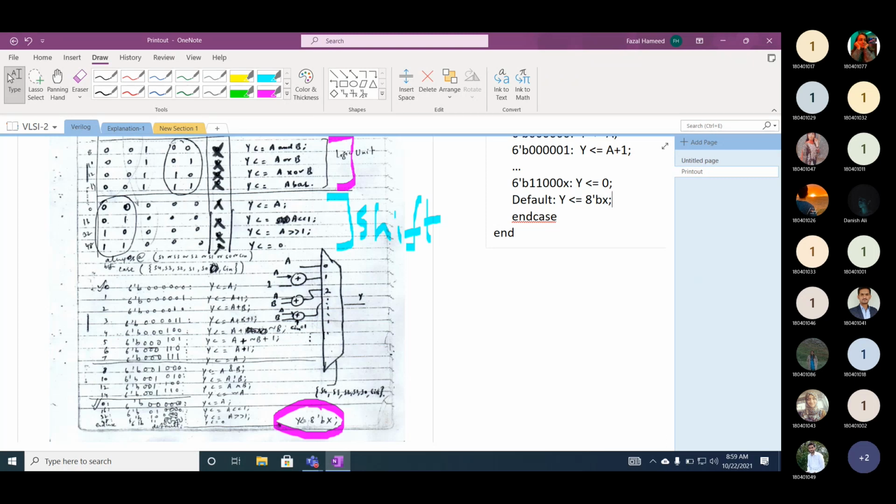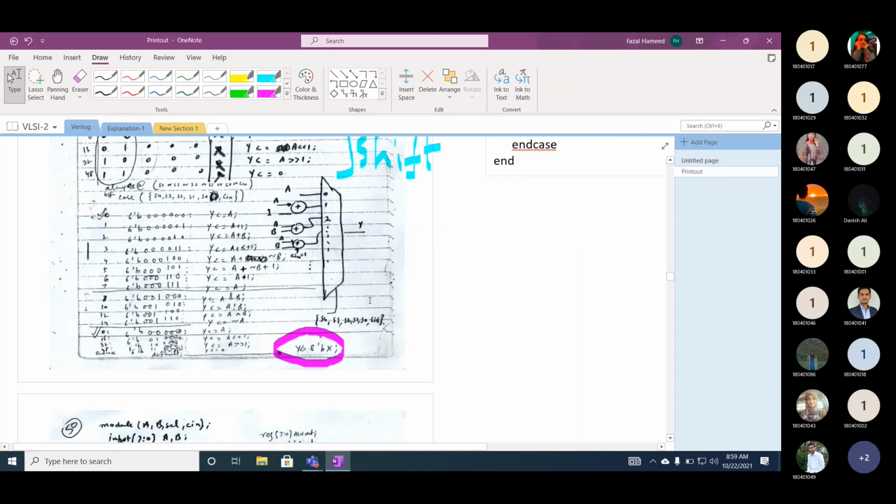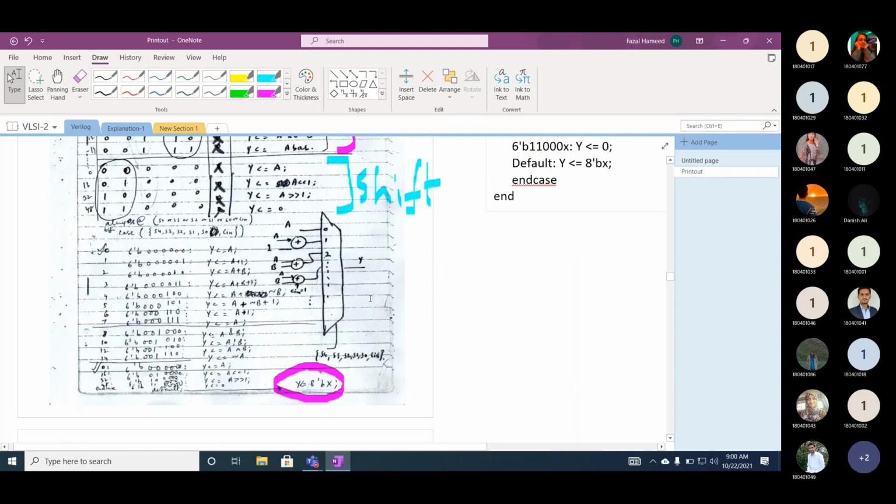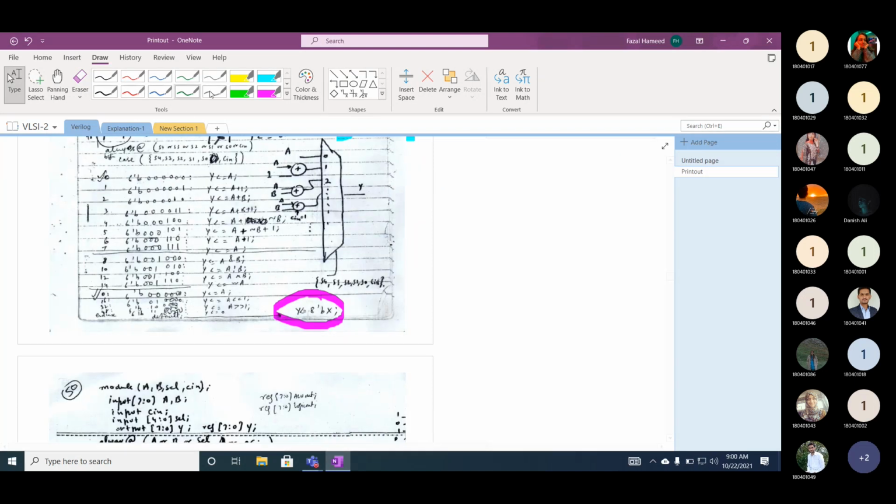Now, if you look at this hardware, actually it will infer, not trying to reduce hardware, just at a very high level, at the block level. So what will be inferred in hardware? A multiplexer, a very large multiplexer.